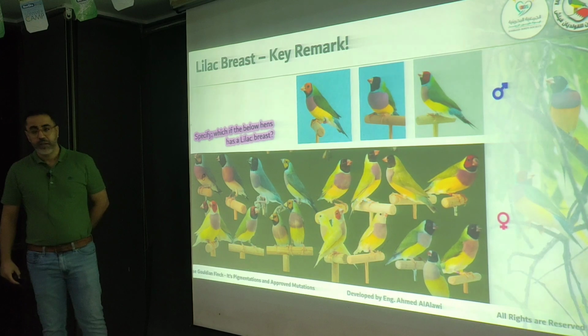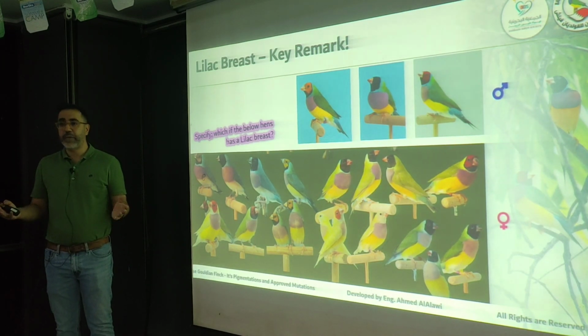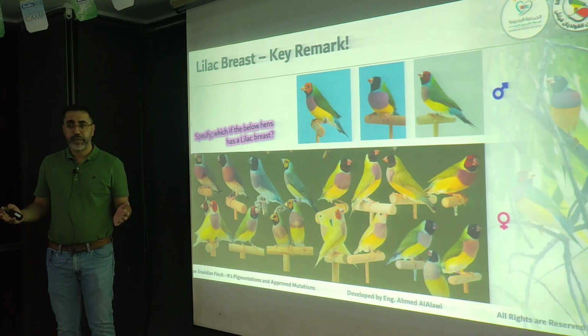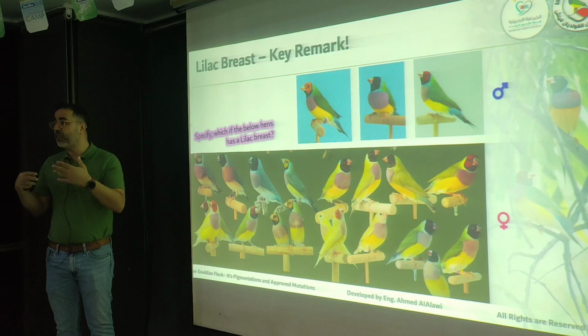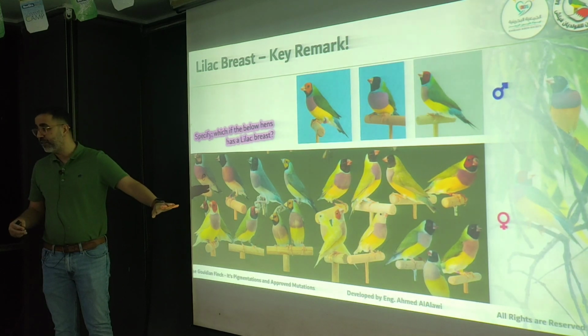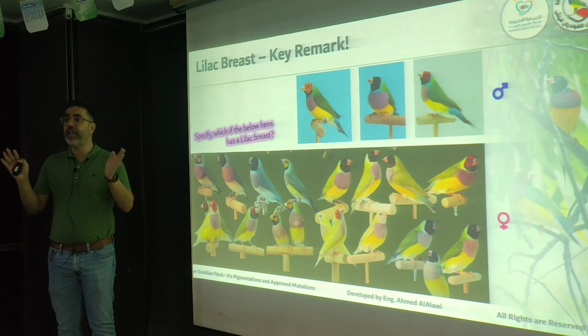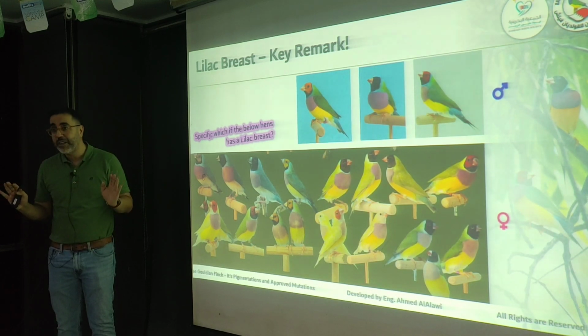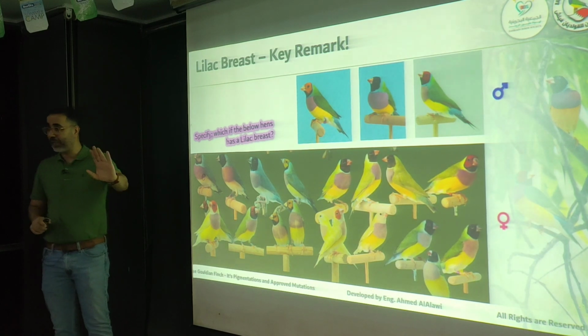Okay. Rule of thumb: there is no such thing as a lilac-breasted female. The eyes of us human beings are not capable of distinguishing this. This is why in the show you never have lilac-breasted females. It's just a female. We call her purple breast.